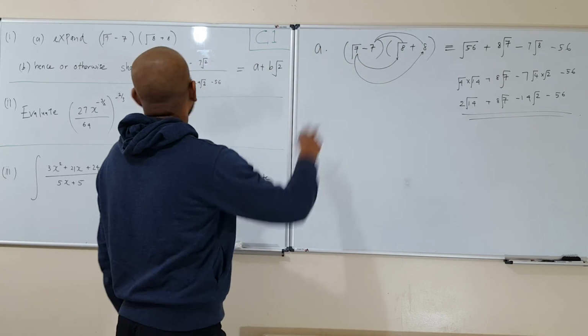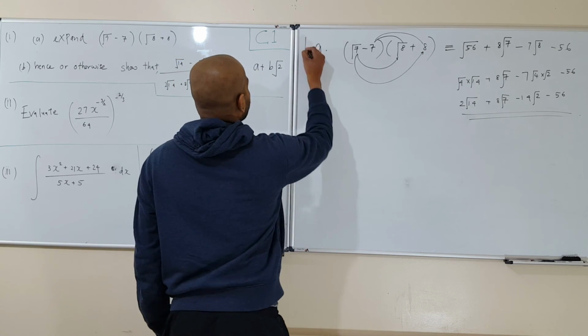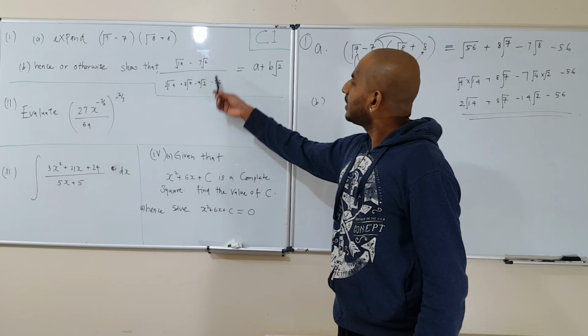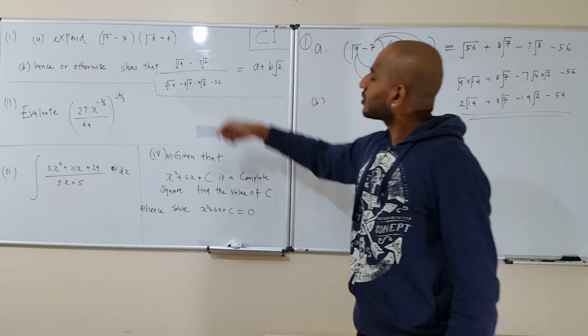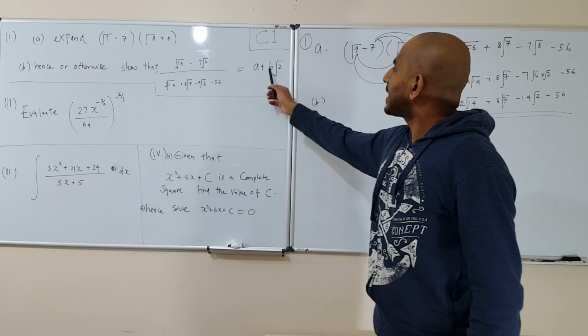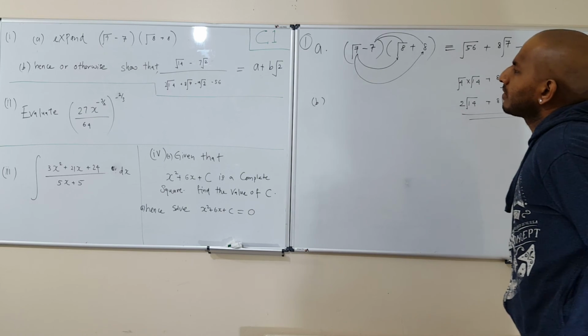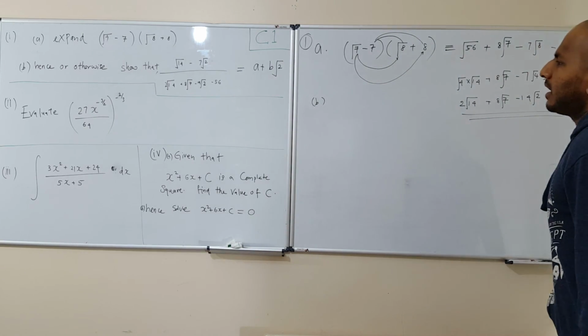Right, cool. That's part A. Part B, question 1 still. Hence or otherwise, show that this fraction, there are 2 surds on top of each other, can be written as a plus b root 2. So how are we going to do that?